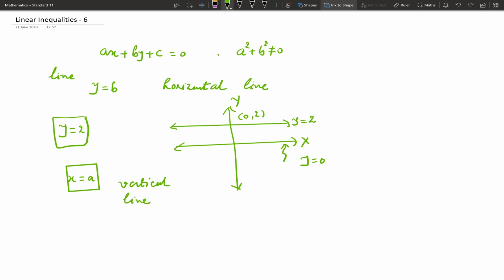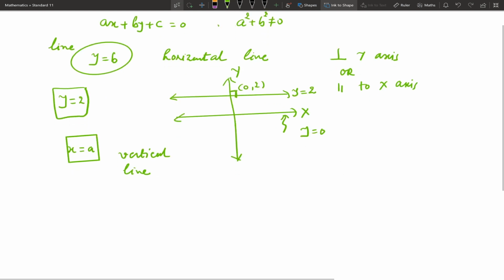A horizontal line is a line which is perpendicular to the y-axis or parallel to the x-axis. In general, a horizontal line is always of the form y equal to b, and we define it as perpendicular to the y-axis or parallel to the x-axis.